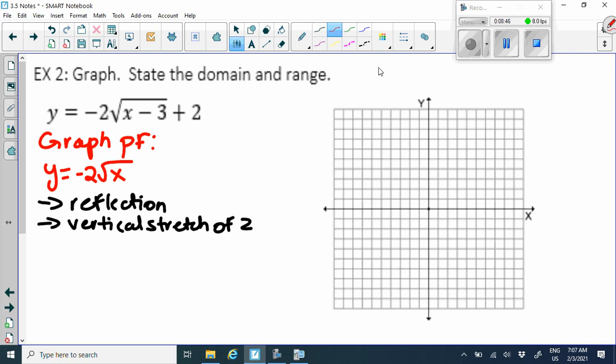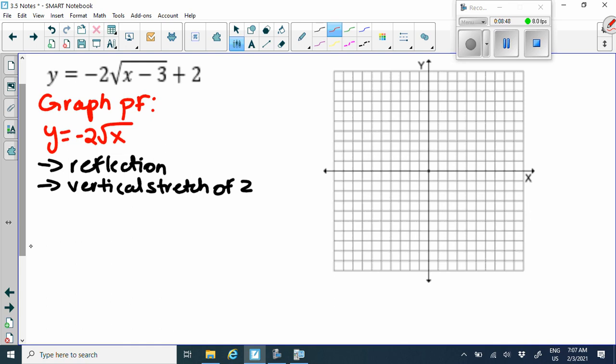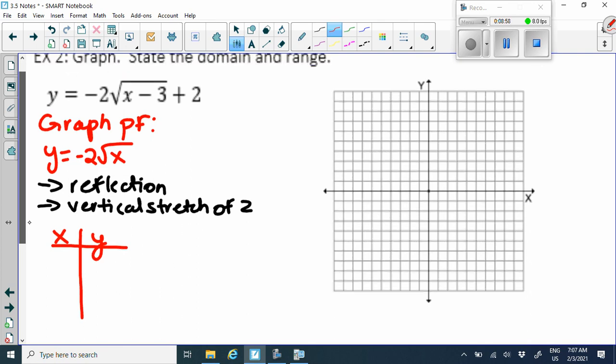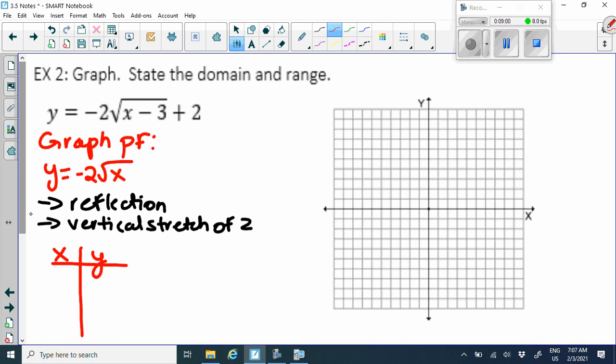Okay, so what we've got to do is create our xy table for y equals -2 square root of x. Now, once again, remember, with any square root, we will always use the same 4 points.